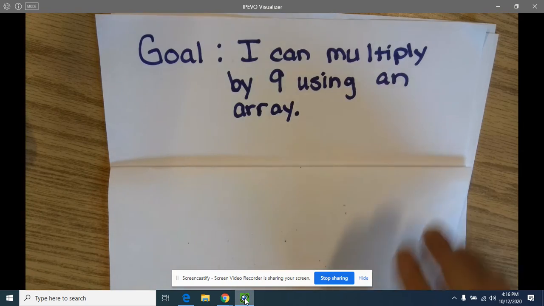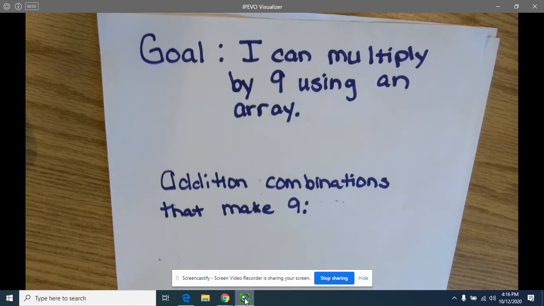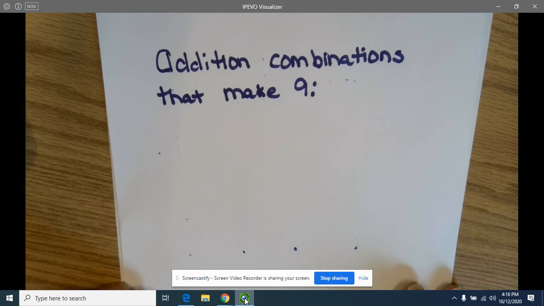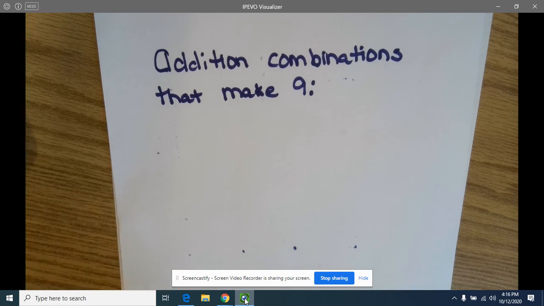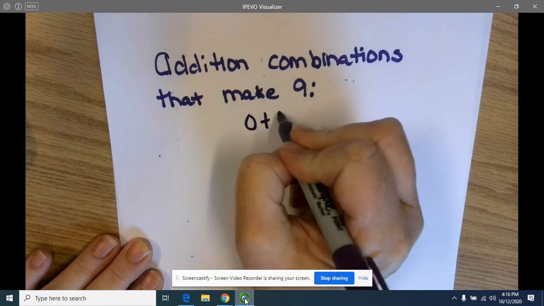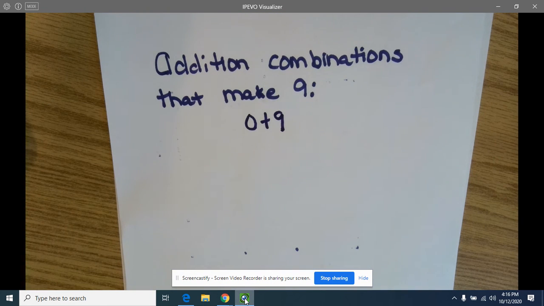All right, so what I want you to do is take a moment. I want you to write down all the addition combinations that make 9. I'll start you out. 0 plus 9. Go ahead and write the rest of them.